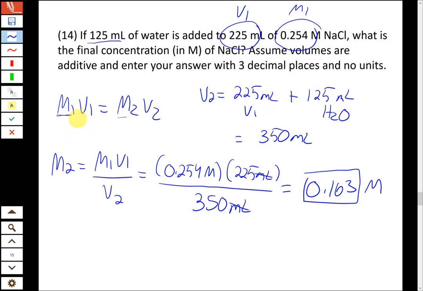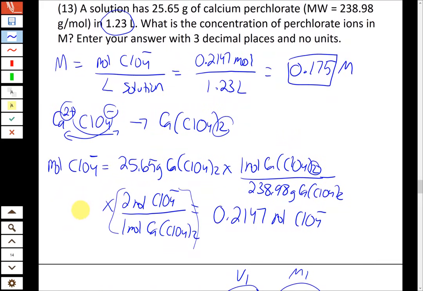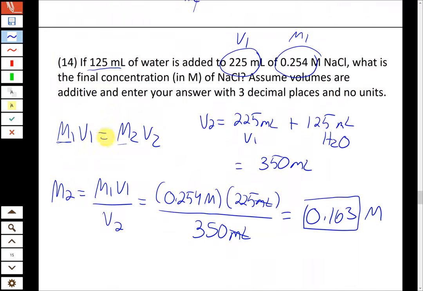So we might have a problem kind of like this where you kind of combine the two. We say you put this much compound into this much water, and then you dilute it to this volume. What's the final concentration? So for that, you'd have to calculate the molarity first before putting it into this equation. So sometimes it's not given to you directly like it was here. But whenever you're using this equation, it's not going to ever be in terms of moles, it's going to be in terms of molarity and volume.